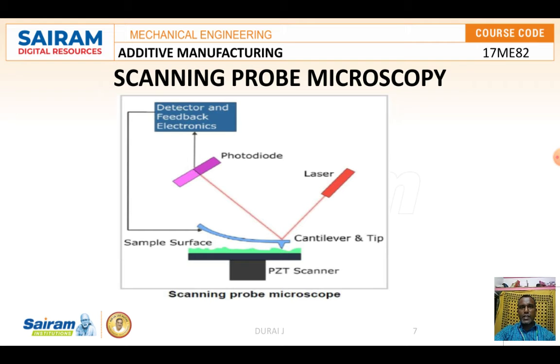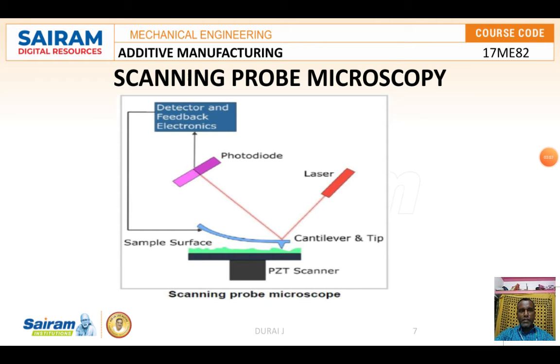SPM can measure the deflection caused by many kinds of forces, including mechanical contact, electrostatic forces, magnetic forces, and chemical bonding, also van der Waals forces and capillary forces.